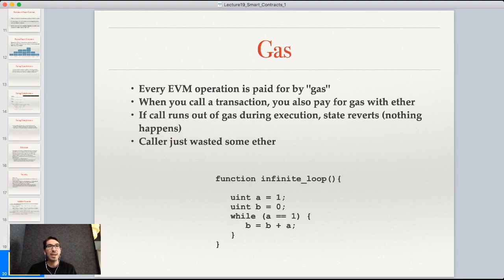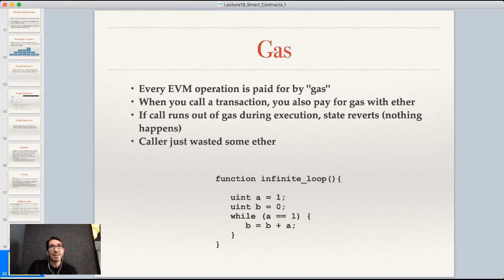So this really mitigates against somebody trying to use a smart contract as a sort of denial of service attack. And it also ensures that people are very wary of doing too much on the blockchain, on the smart contract, because it's going to cost them money.